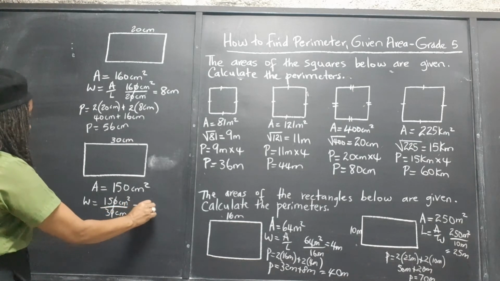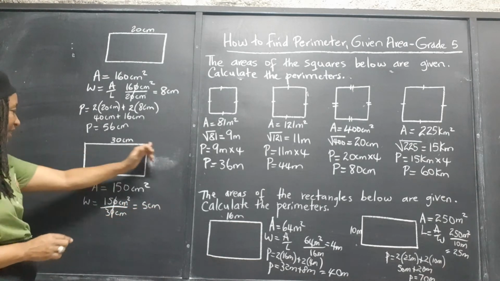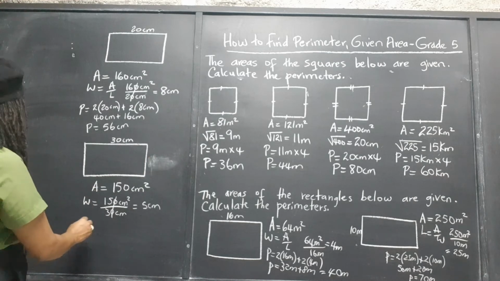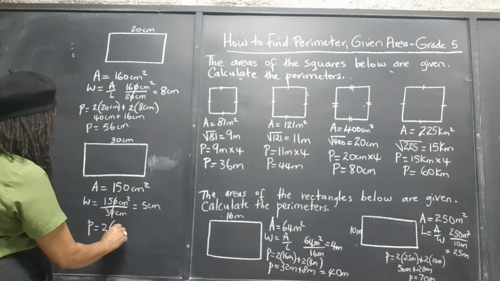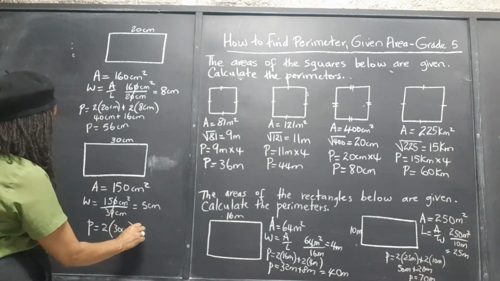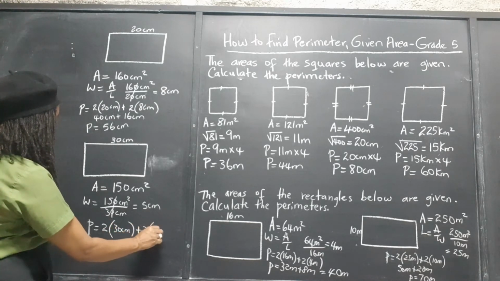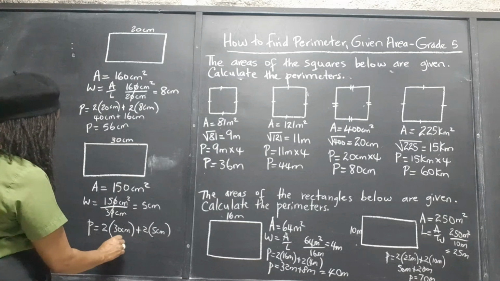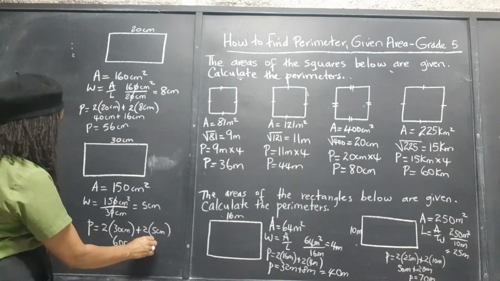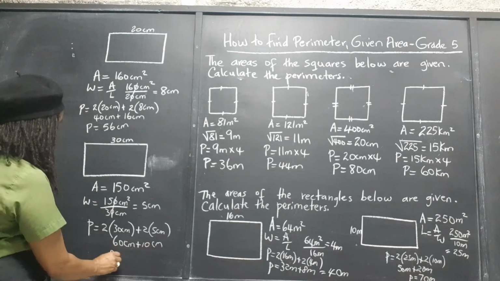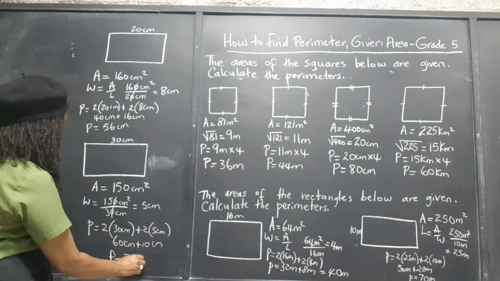That's 5 centimeters. So the width is 5 and the perimeter is 2 times the length plus 2 times the width. That's 60 centimeters plus 10 centimeters. So the perimeter is 70 centimeters.